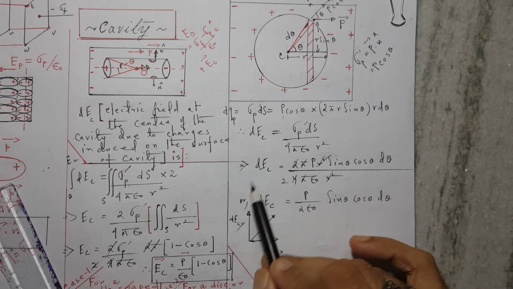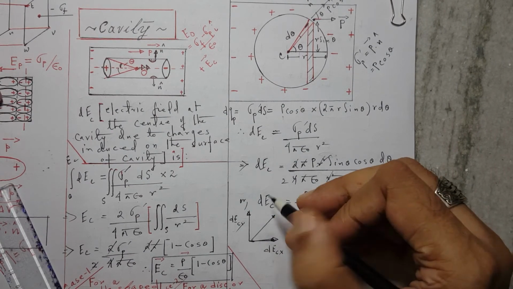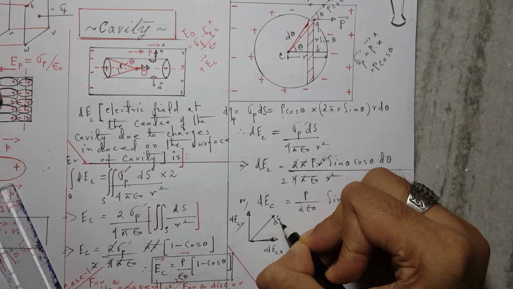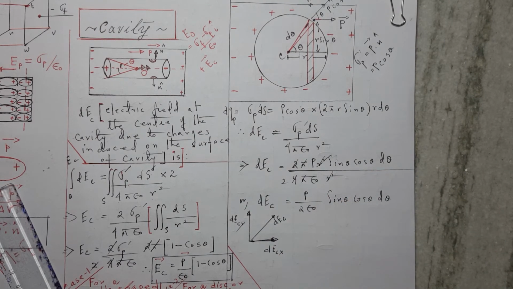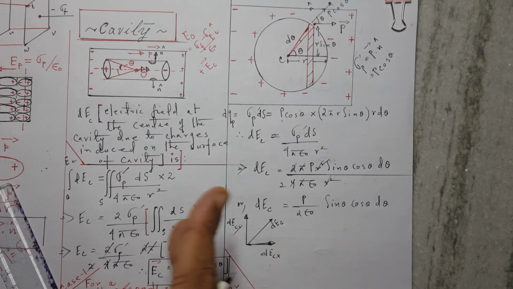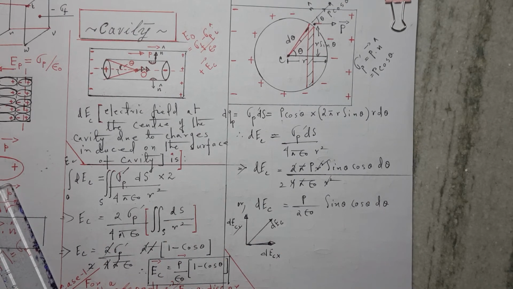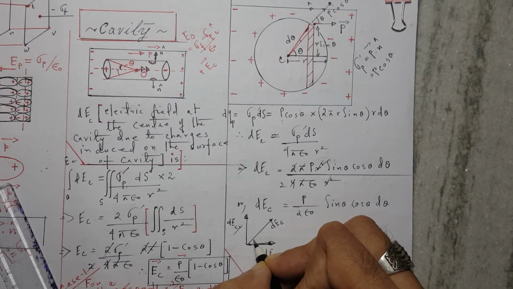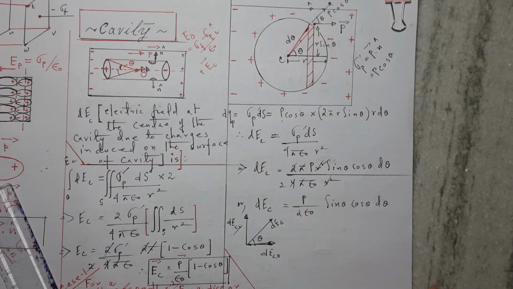Now this dEc can be resolved into two components, dEcX and dEcY. dEcX is along the direction of the field and dEcY is perpendicular to the direction of the field. For all the elements, the dEcY components mutually cancel each other. So dEcX is nothing but dEc cos theta.